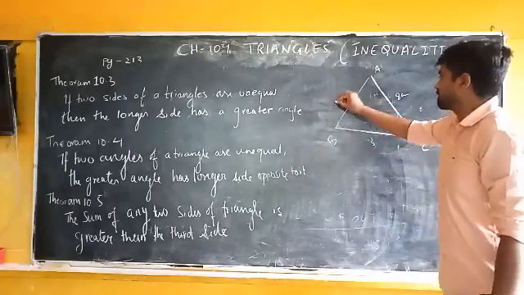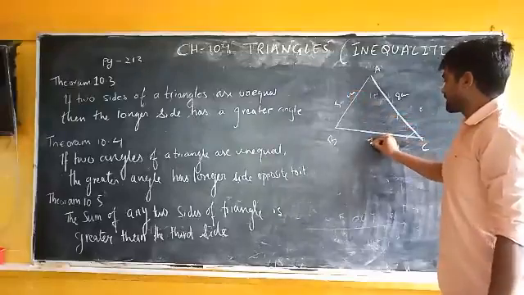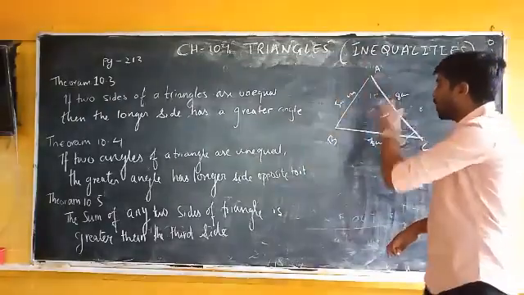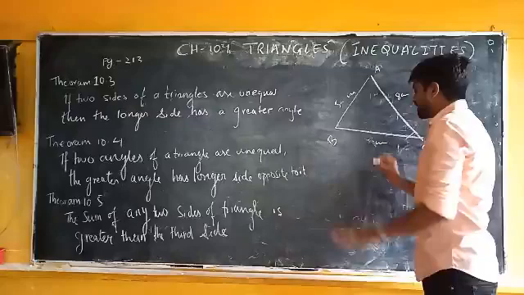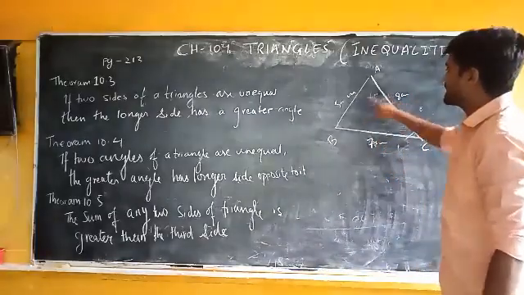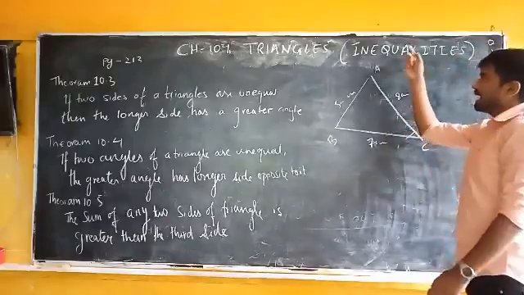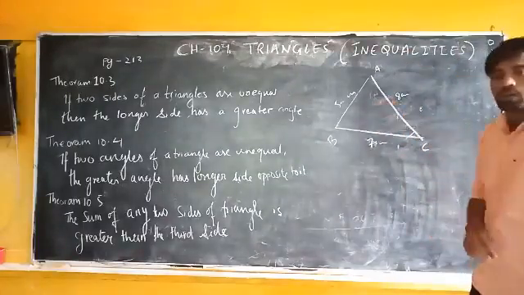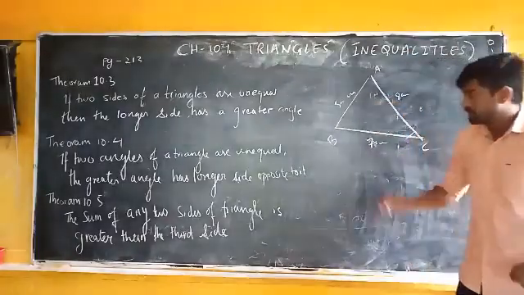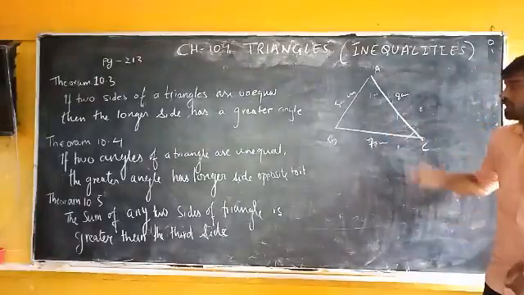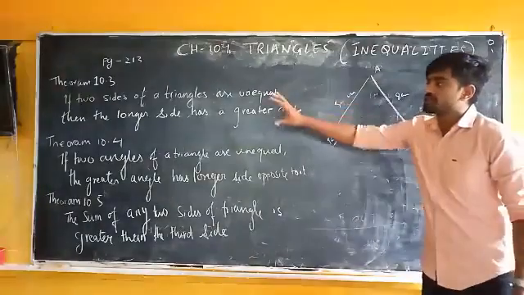You can see all the sides are different in length. Do you all agree with me? They all are unequal. Now, what does this theorem say?